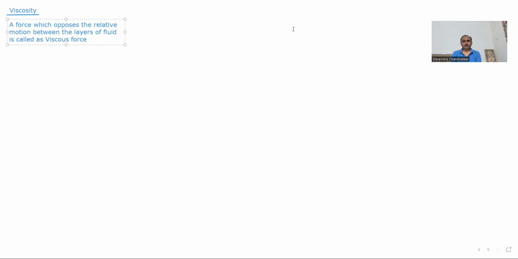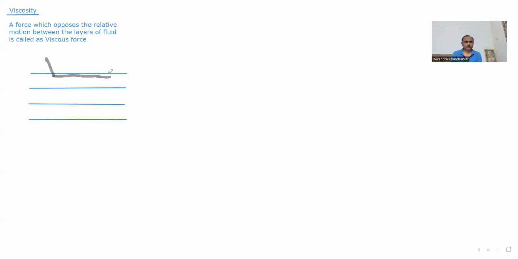Now remember, if we have these layers of fluid, right, these are different layers of fluid, and suppose some object starts moving at the topmost layer, say a ship or a boat.